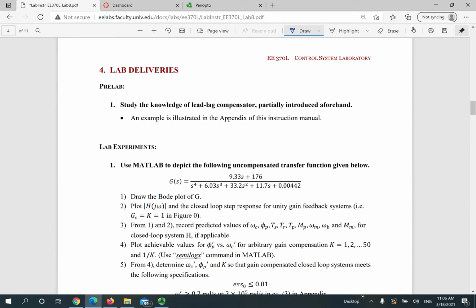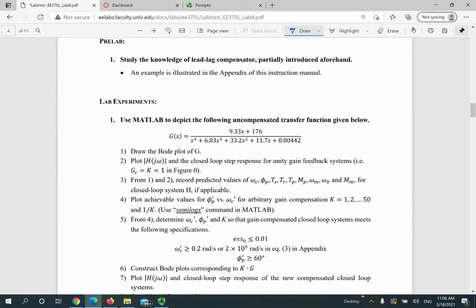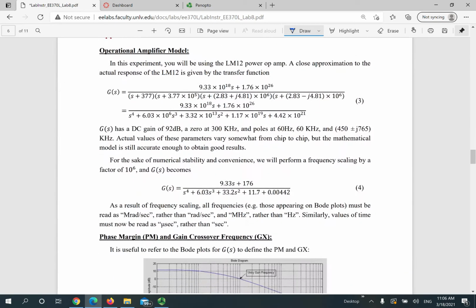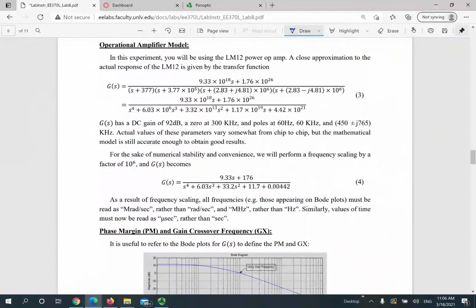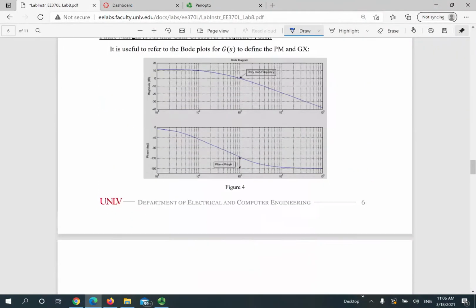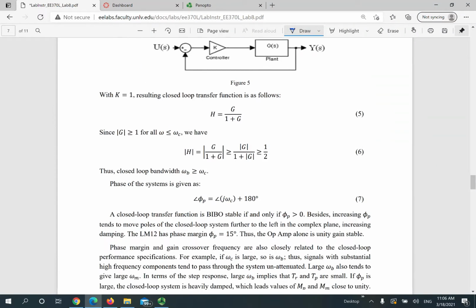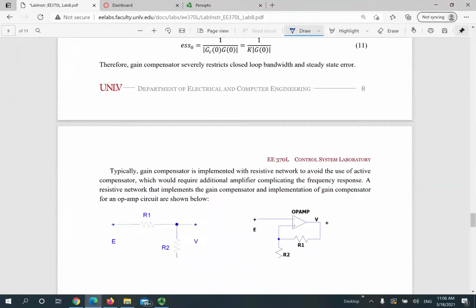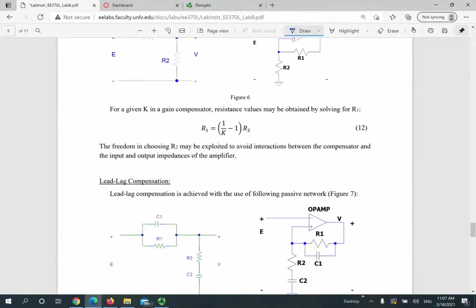Okay, so for the experiments we need to do today, first of all, you can go through the appendix to see an example of how lead-lag compensation works, in both mathematical modeling and circuit modeling.